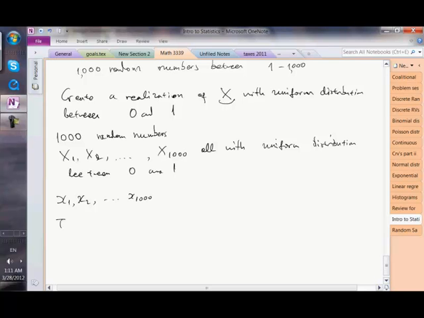Take your integer numbers, take the realization of the discrete, as we call it, uniform distribution between 1 and 100.